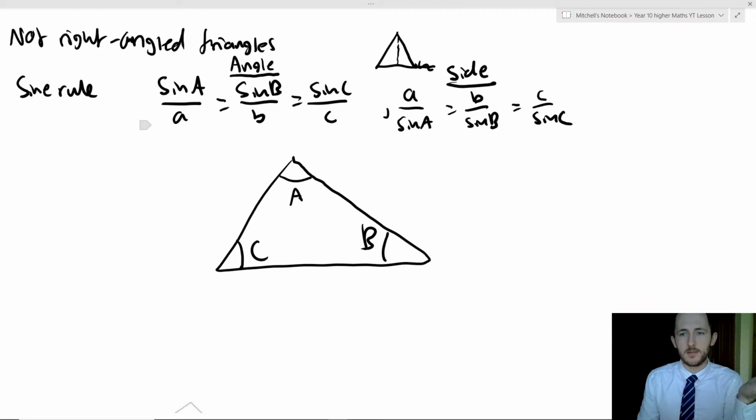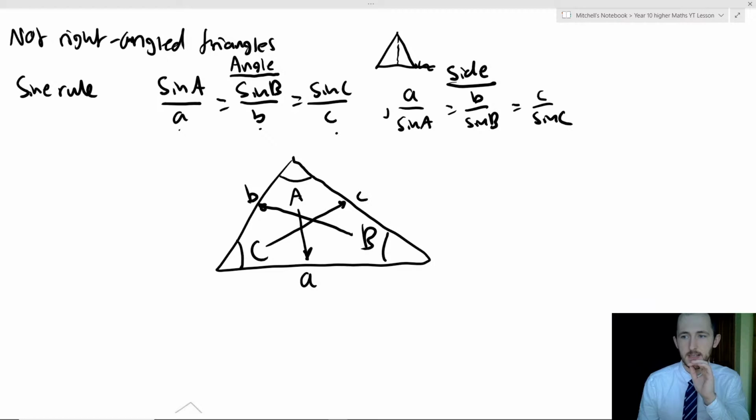I would always recommend using the letters A and B and just writing them as the sides or angles that you have. Now, what does matter is where you put the lowercase letters a, b, and c. Capital A is always opposite side a. Capital B is always opposite side b, and capital C is always opposite side c.